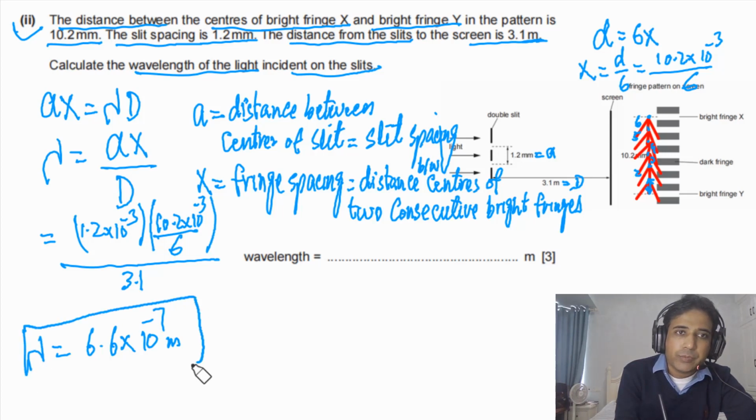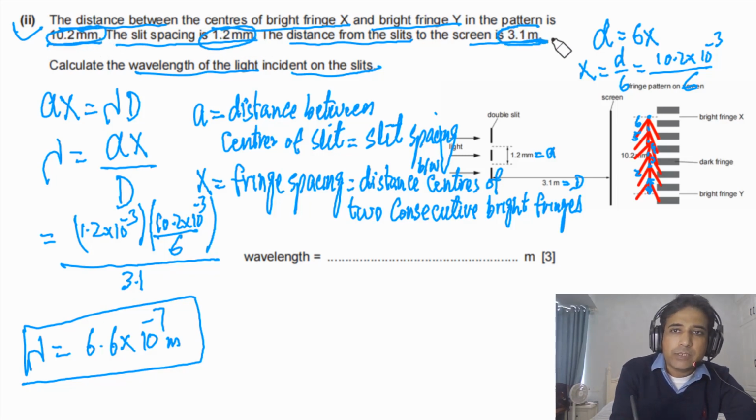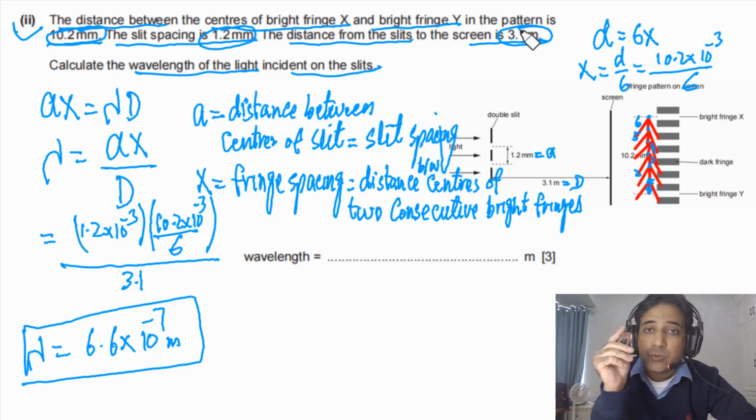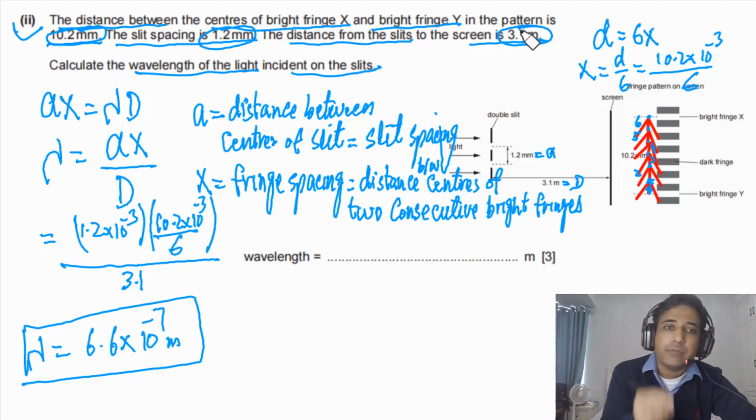Our answer should be up to 2 SF, because the given data is 2 SF. This one has 3 SF, this one has 2 SF. So in the final answer, you have to use the least number of SF in the given data.